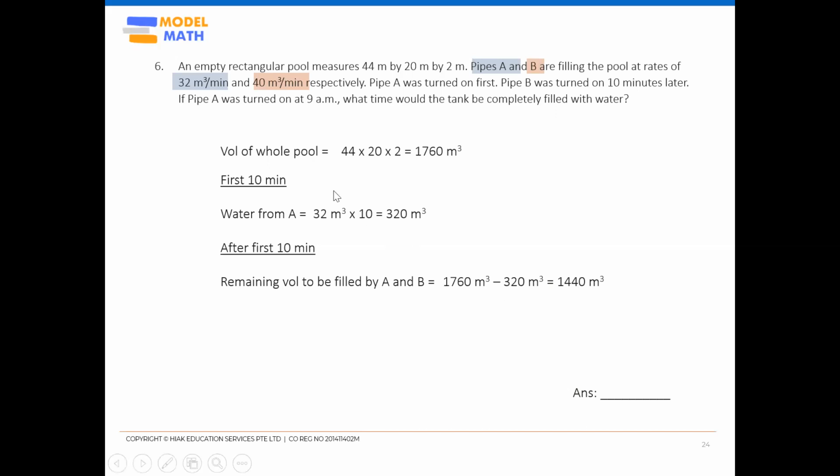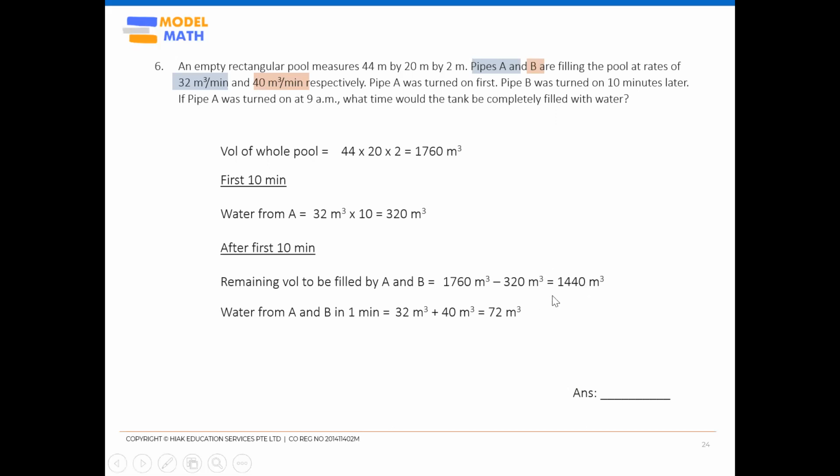Now, so then is where we look at the rates of both pipes. All right, in 1 minute, I will need to find out how much water will be going into the pool. So water from A and B in 1 minute. So simply add up the volumes per minute, 32 plus 40. So in 1 minute, I realized, okay, 72 cubic meters of water can be filled up.